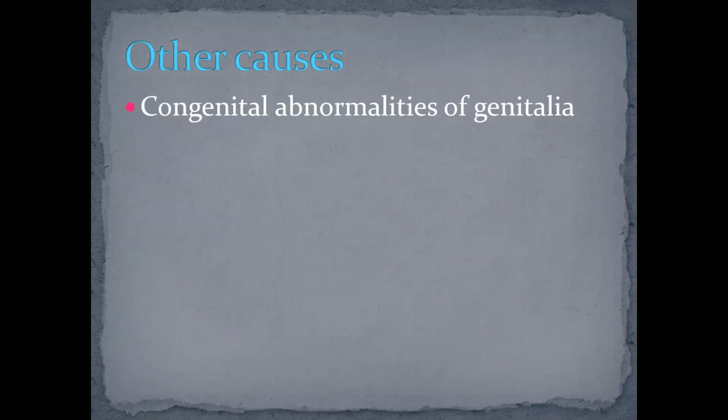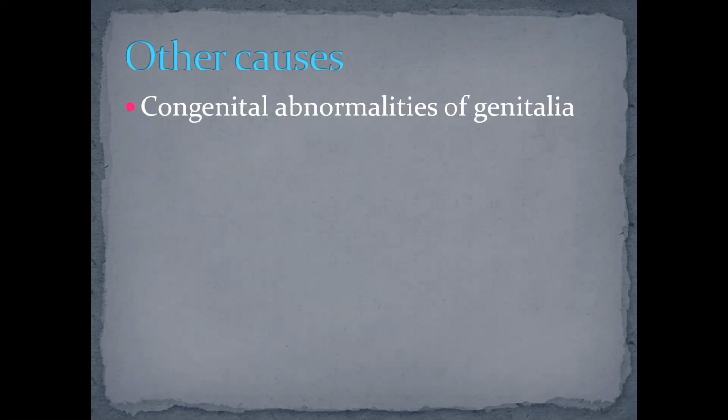Other causes for female infertility are congenital abnormalities of genitalia or abnormal structure of the uterus or fallopian tube, such as uterus didelphys or bicornuate or unicornuate uterus, or a uterus that undergoes agenesis or aplasia, or a saddle-like uterus or a uterus with a septum inside.